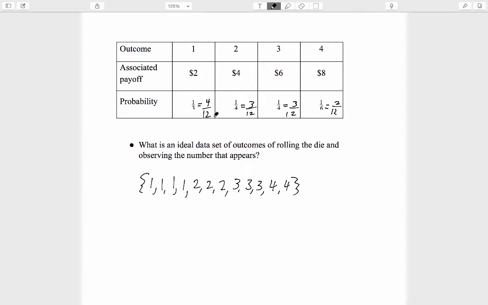Once you know that each outcome occurs with a probability equal to a certain fraction of 12, then 12 becomes the clear choice for the size of your ideal data set, and you can read off the numerators as the number of occurrences within the ideal data set of each outcome. So there are 4 ones here, there are 3 twos, there are 3 threes, there are 2 fours. Each numerator is counting the number of occurrences of that outcome in the ideal data set.